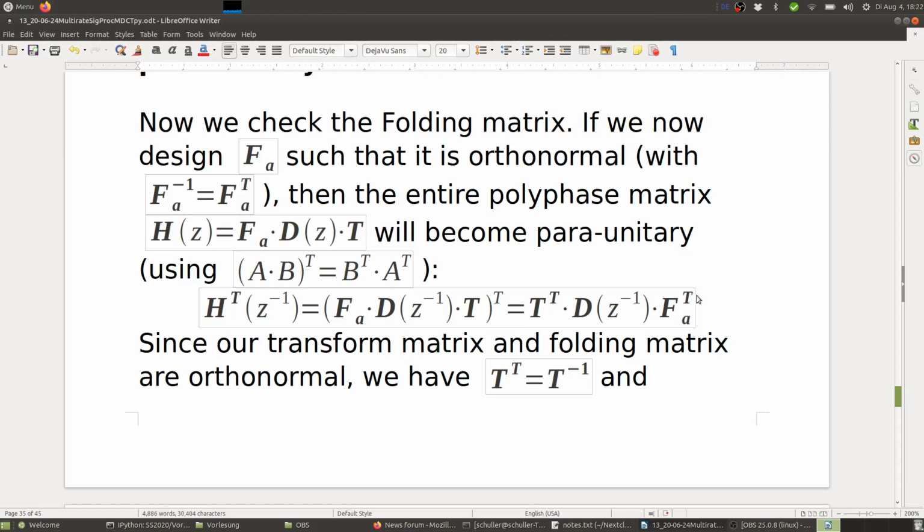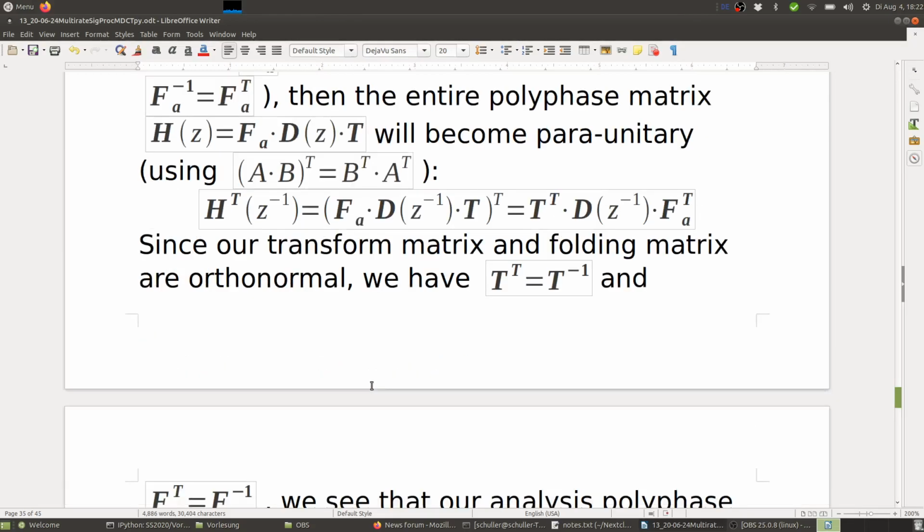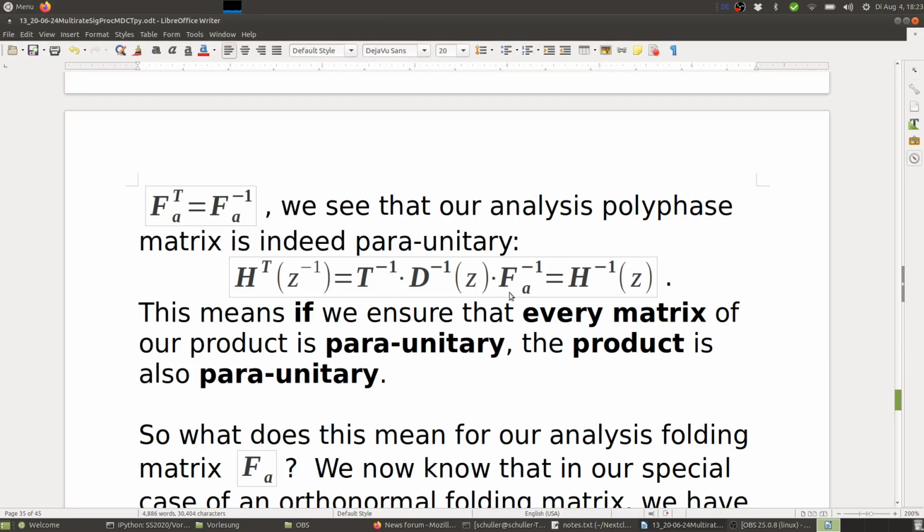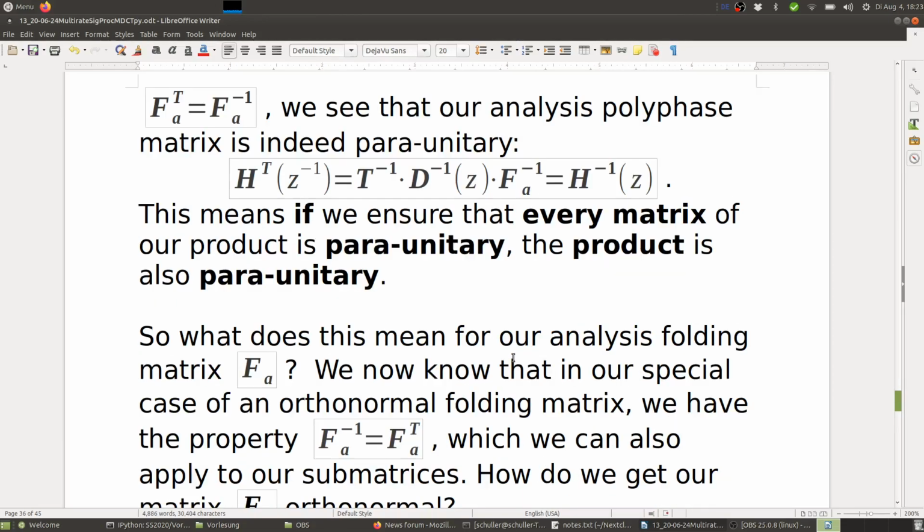Right, and that means here we have Fa transpose, that should be the Fs. So since our transform matrix and folding matrix are orthonormal, we have T transpose is T to the -1 and Fa transpose is Fa inverse. We see that our analysis polyphase matrix is indeed paraunitary. So if that is the case, then this is the inverse. And this means if we ensure that every matrix of our product is paraunitary, the product is also paraunitary.